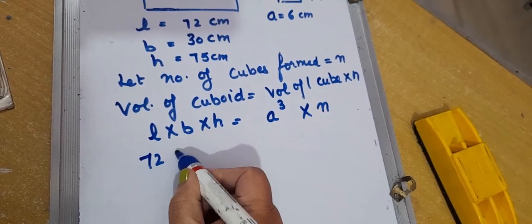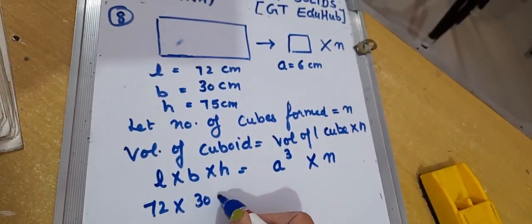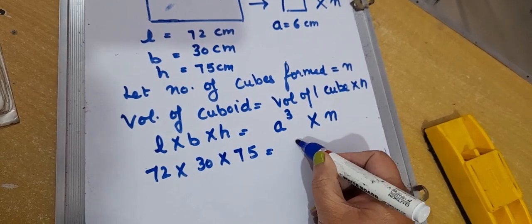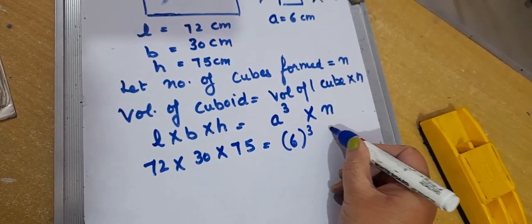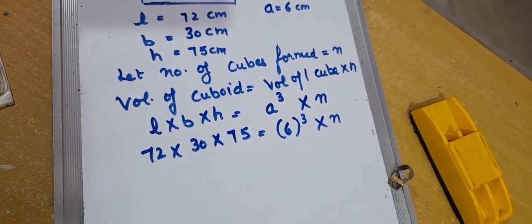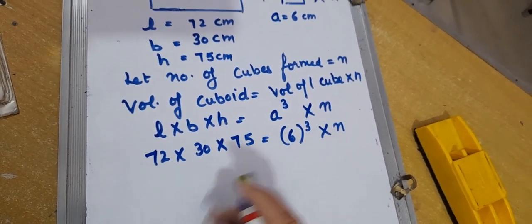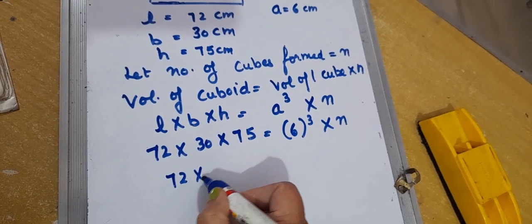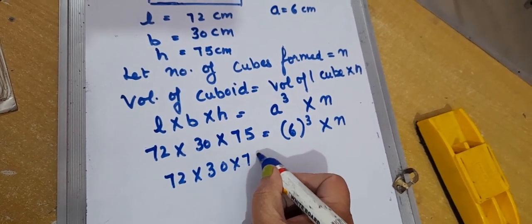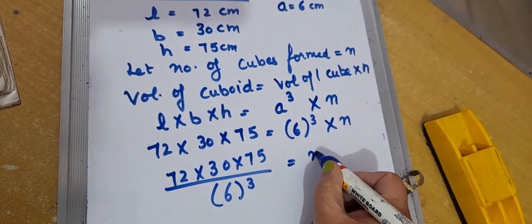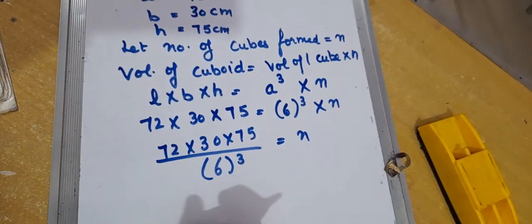L is 72, B is given 30 in the question, height is given 75, A is given 6. So put all values. So you get this. Now we have to find n. So I will divide all this by this. So I get 72 into 30 into 75 upon 6 cube is equal to n. This 6 cube will come here and divide.